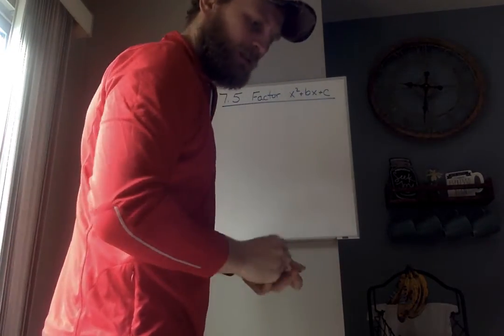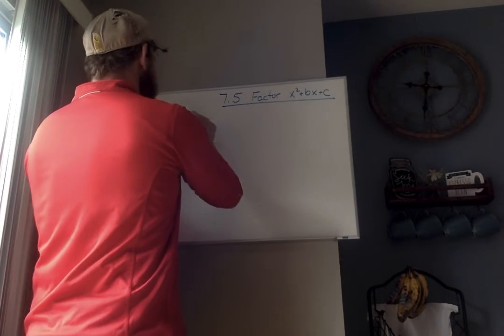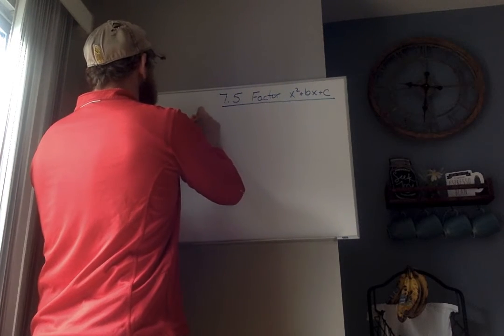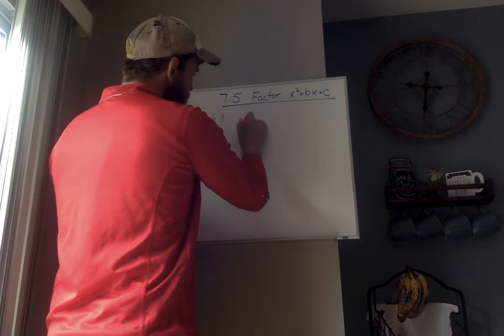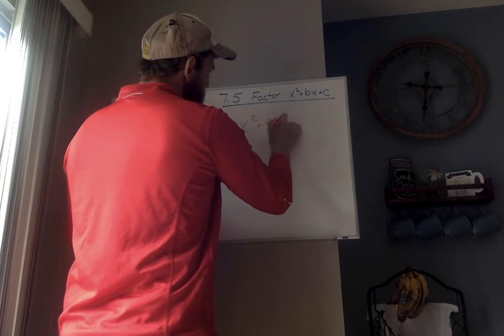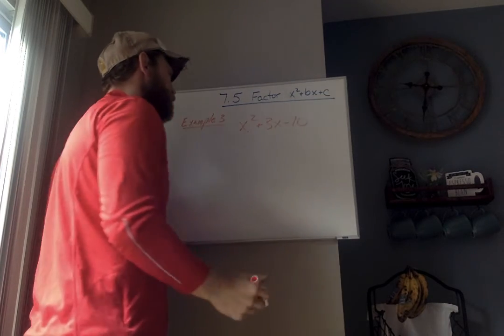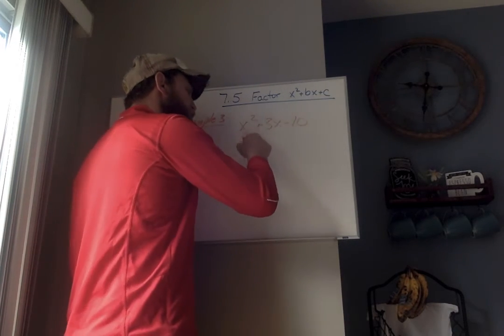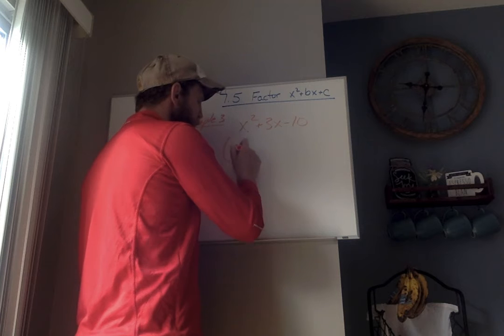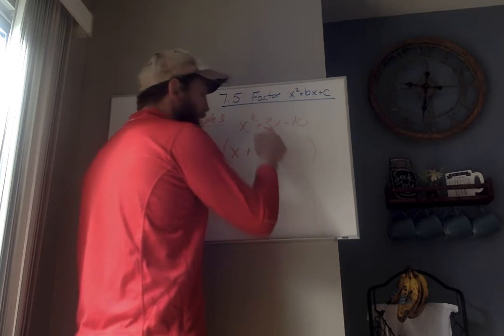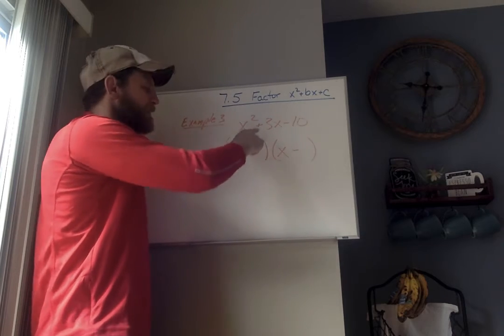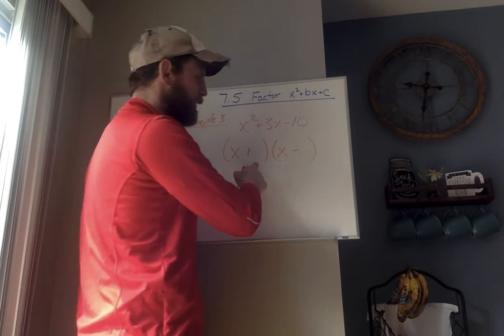Now we're going to do example 3. It says x squared plus 3x minus 10. Now we know, because it's plus minus, this last sign is negative, we know it's going to be plus a number and minus a number. And I know, because this is positive, that this is my bigger number.